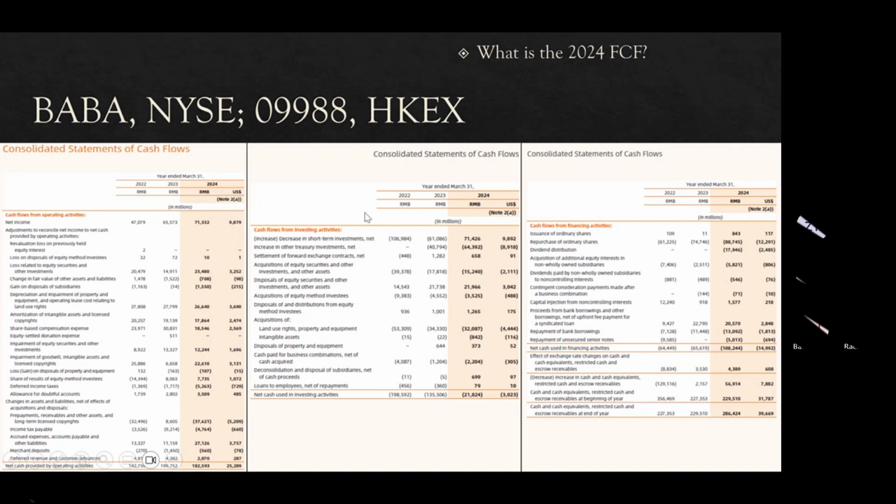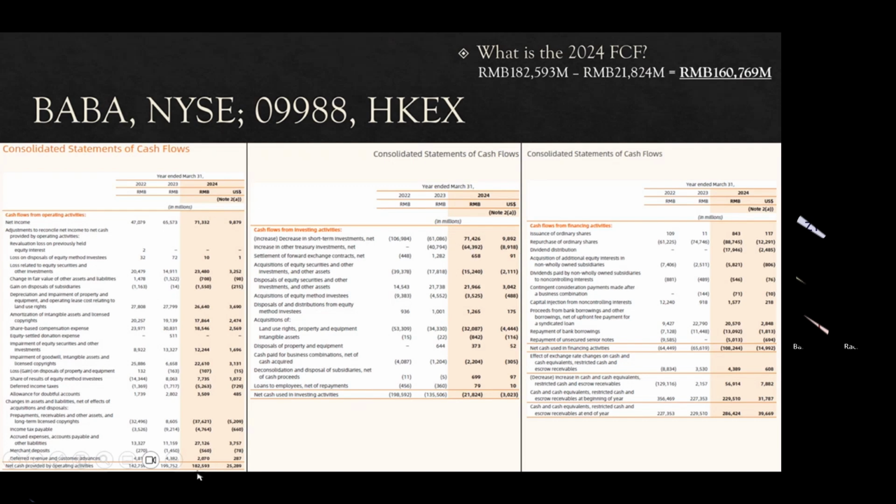Okay, the last company, Alibaba. For this one, I just want to talk about the free cash flow. If you all remember, we look at the net cash from operating activities minus the investing activities. In this case, we look at the orange column, which is 2024.